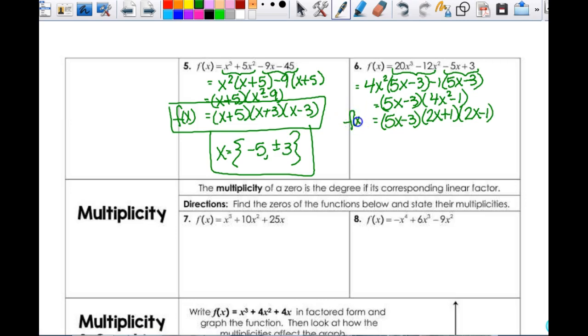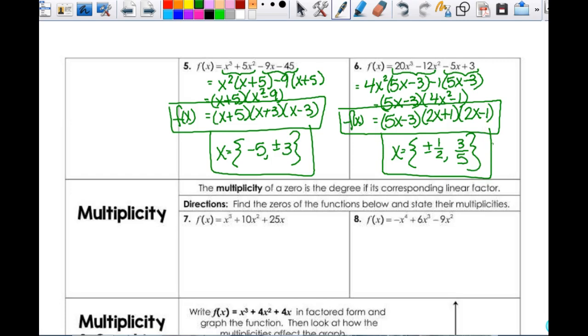That's my factored form, f of x there. Looks like that. So my zeros, this is going to give me a positive 3/5, negative 1/2, positive 1/2, so plus or minus 1/2, and then just a positive 3/5.